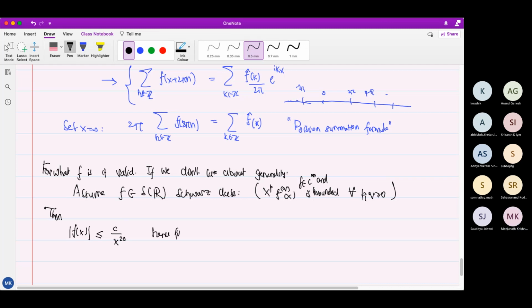Hence for each x, the series converges rapidly. As you take x plus 2 pi n, this term is bounded by something like 1 over n to the 20, or any power that you want. This decays faster than any polynomial as n goes to infinity or minus infinity. So this converges rapidly. And G is also a C infinity function.